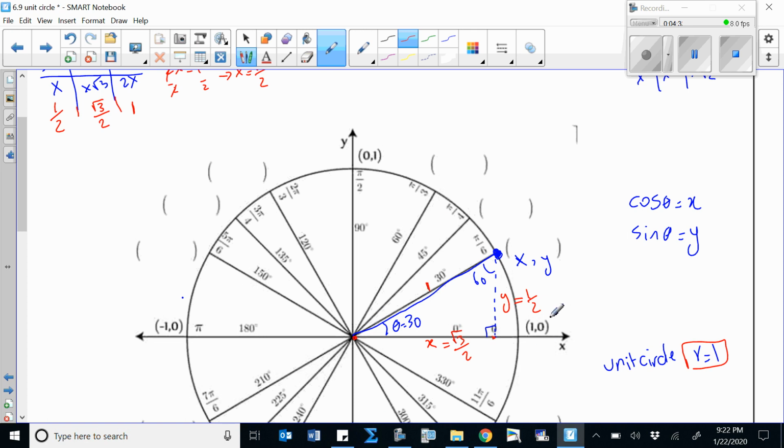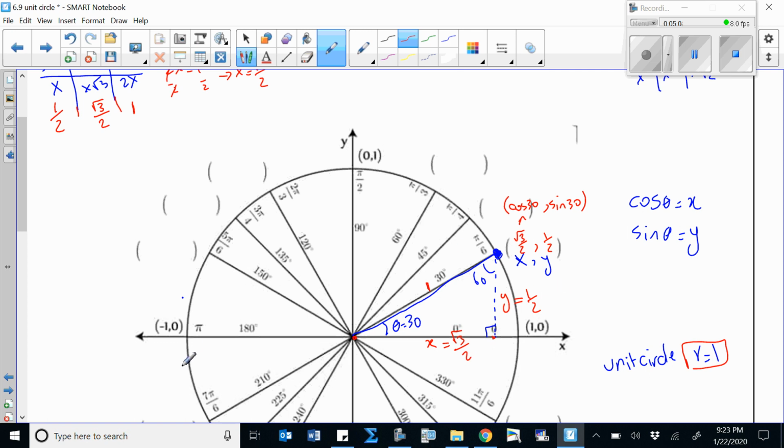So I'm actually done. The x value represents the cosine of theta, radical 3 over 2, and the y value represents the sine of theta, or sine of 30 actually, is equal to 1 over 2. So I found these two x and y coordinates that represent cosine of 30 and sine of 30. So that is how this unit circle can represent trig values of the angles.